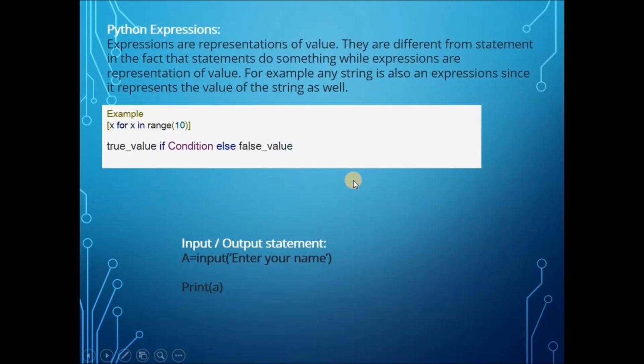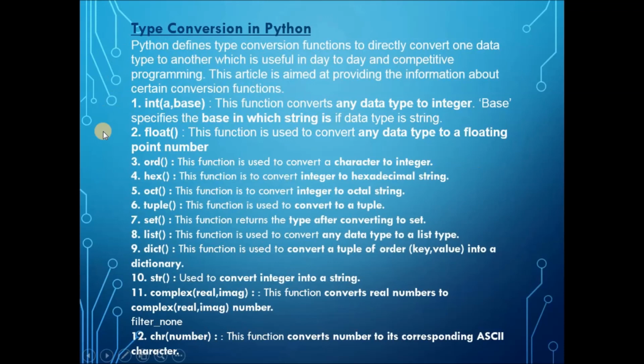After that, expressions. Here, for x in range(10), this is about looping. In is an operator we are using here. You will not understand the meaning of these words now; you will understand when we start for loops. You have to remember that this is an expression, meaning you are doing something.